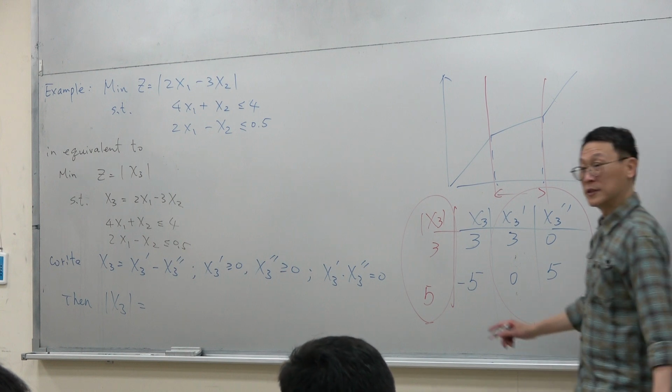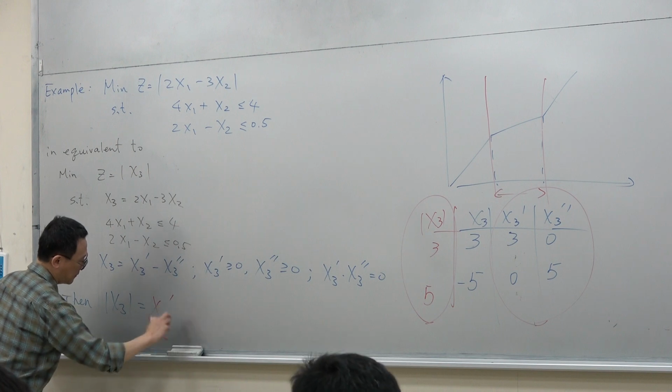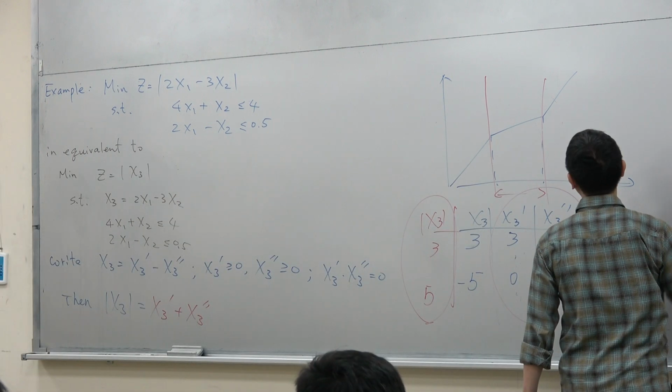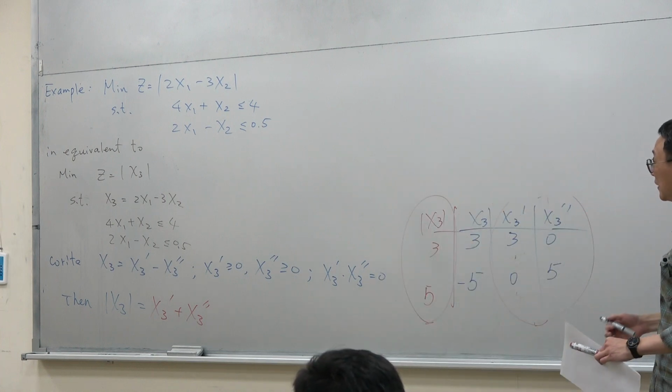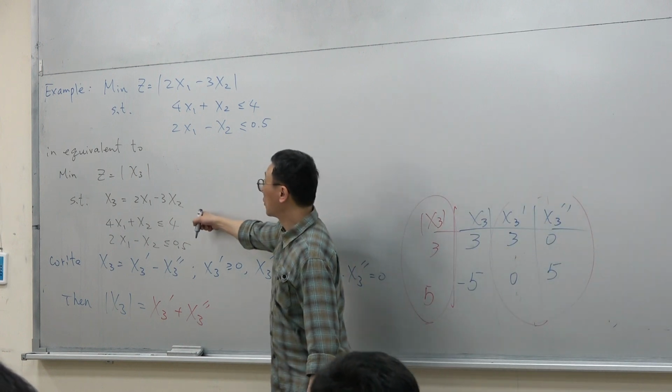The absolute value of x3 is equal to, right. It looks simple, it looks easy, but it's not easy. Okay? That's why I say the formulation actually is the hardest part.